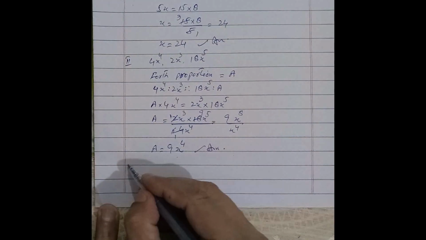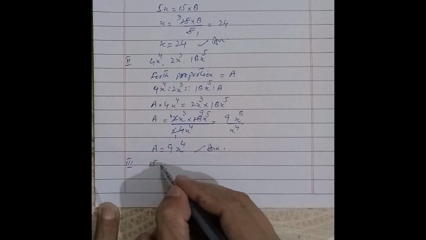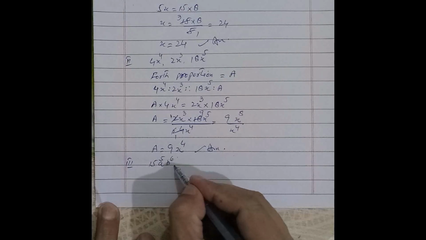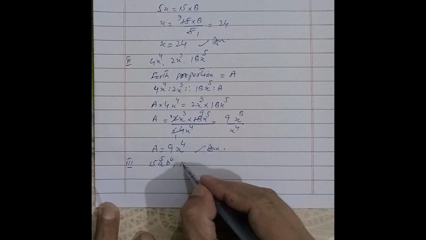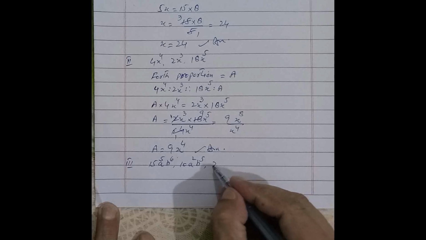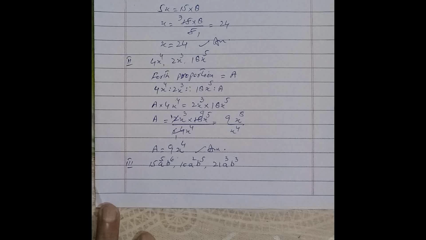And the third part is 15a⁵b⁶, 10a²b⁵, and the last is 21a³b³.